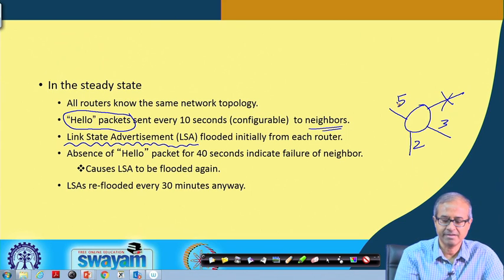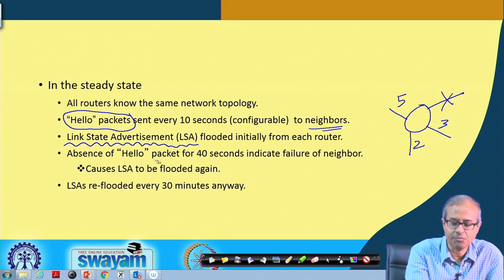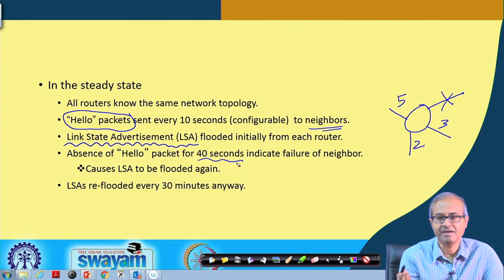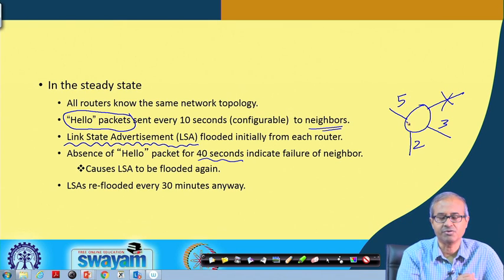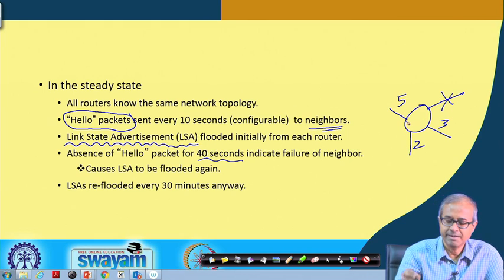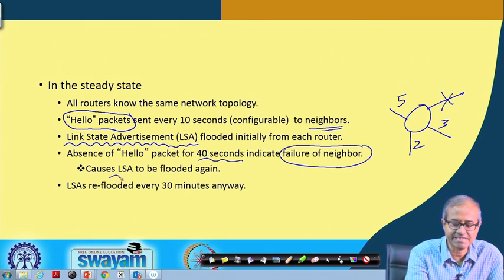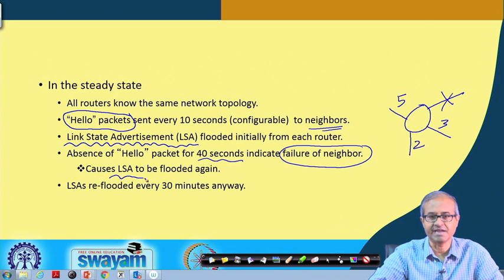Okay. Now, absence of a hello packet for a certain time, for 40 seconds or so, may lead the router to conclude that, well, that link is currently down, that other router has failed. Okay. So, once such a failure is detected, the link state advertisement is initiated again.